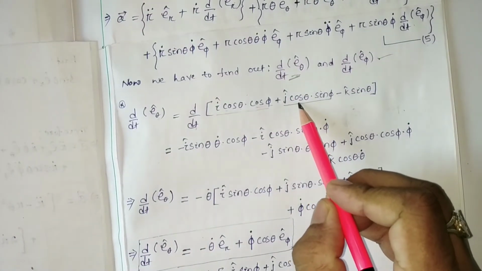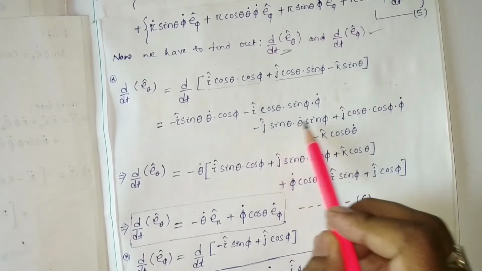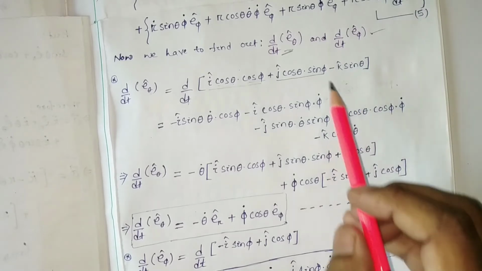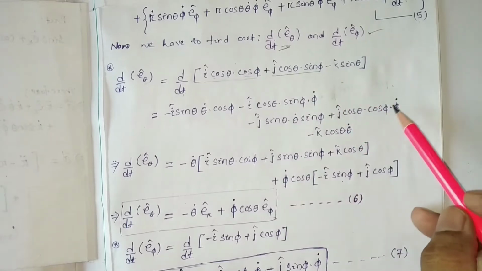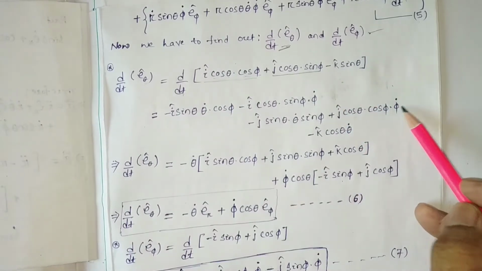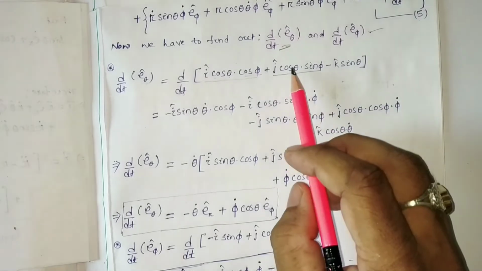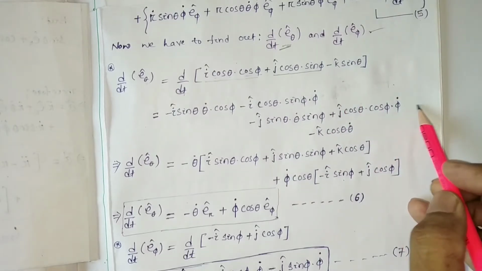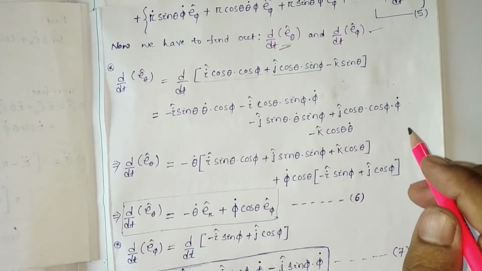Plus j cap, this one sin phi, its derivative with respect to t is cos phi phi dot. Then another term, d by dt of j cap cos theta sin phi, I not written because d by dt of j cap will be 0, so that term will be cancelled out.